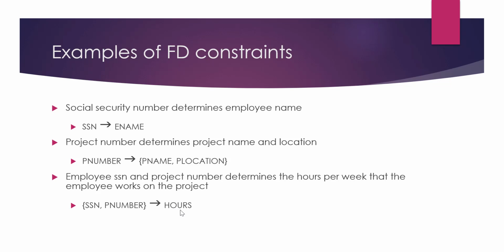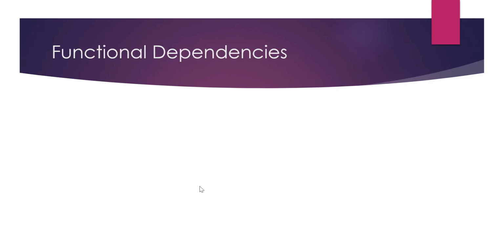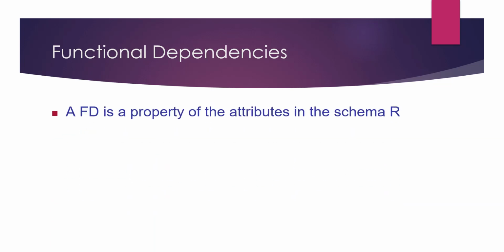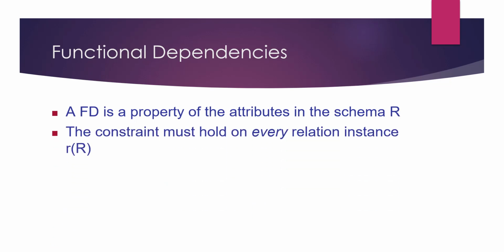However, with the social security number and the project number together, both of them determine the hours. So again, the functional dependency is a property or a constraint that we have on our attributes in the schema R, or our table or relation R. This constraint must hold on every instance of that relation.